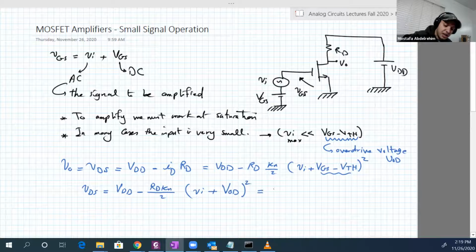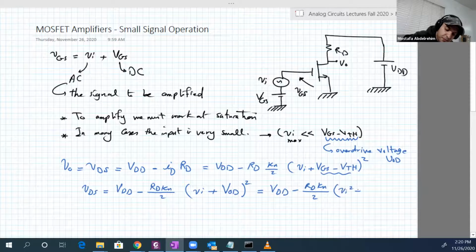Equal to VDD minus RD Kn over 2, and now we're going to do this squaring. So Vi squared plus V overdrive squared plus 2 Vi V overdrive. Good.